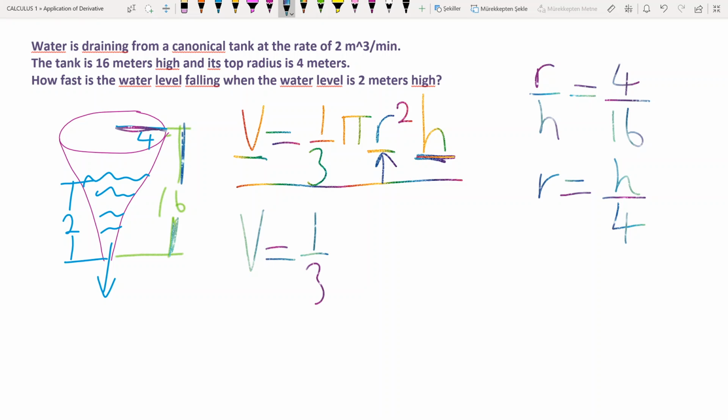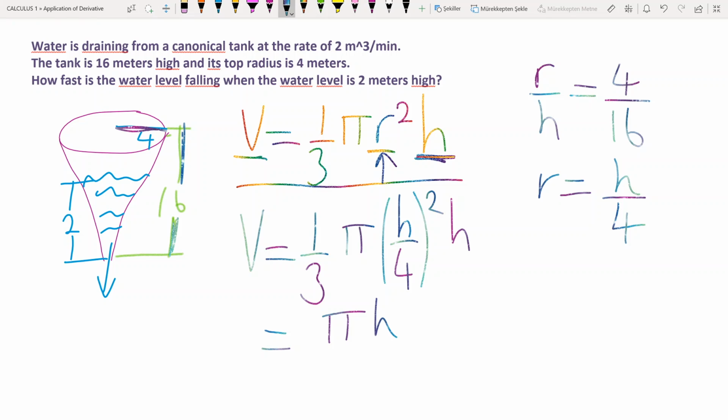The volume formula becomes 1 over 3 times pi times (h over 4) squared times h, and this is equal to pi h cubed over 48. Okay, now I think we are ready to differentiate this formula with respect to time.